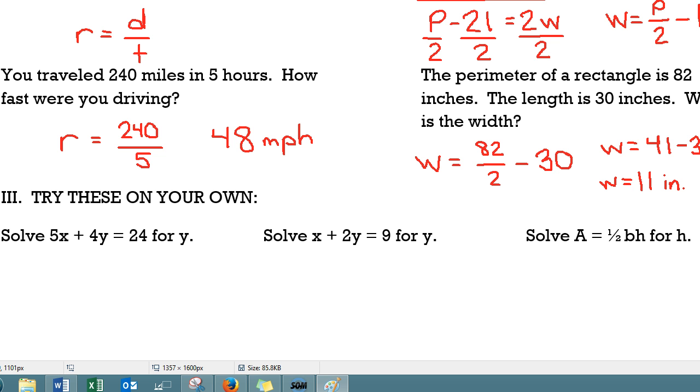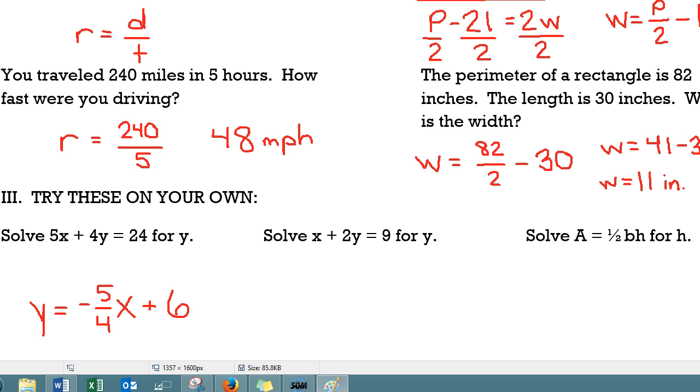All right. For these next ones, I want you to pause this. Try these 3 on your own, because in about 10 seconds, I am going to reveal the answers. So if you haven't done them yet, I want you to give them a shot on your own, and then I will reveal the answers. So this is your chance to pause right now, because the answers are about to appear. 4, 3, 2, 1.